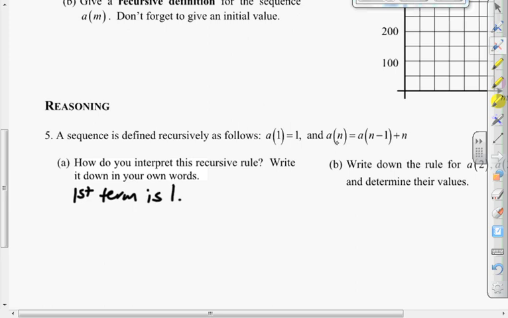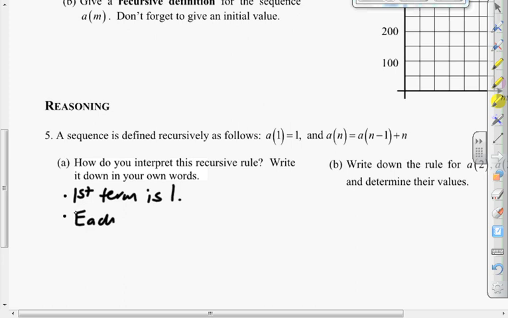And the rest of the definition says that a of any step number, a of n, is equal to a of n minus 1 plus n. So it says to find any step number, you have to take one less than that step number, so step number minus 1, and add that term number or step number. So the rule has two parts. First term is 1.